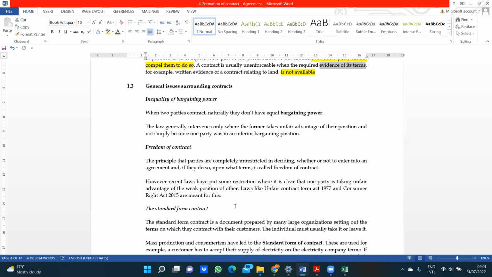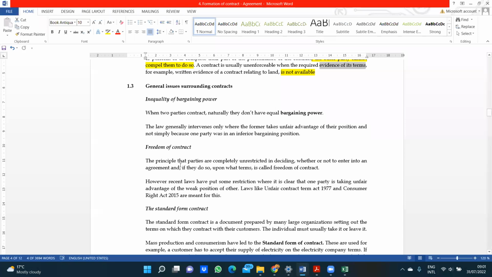For example, the bargaining power of someone. These are issues which surround the contract when entering into an agreement between two parties.